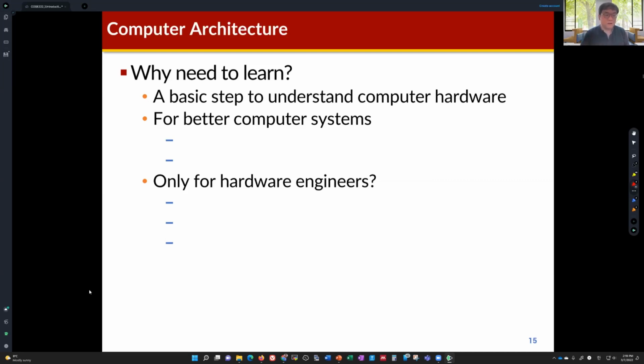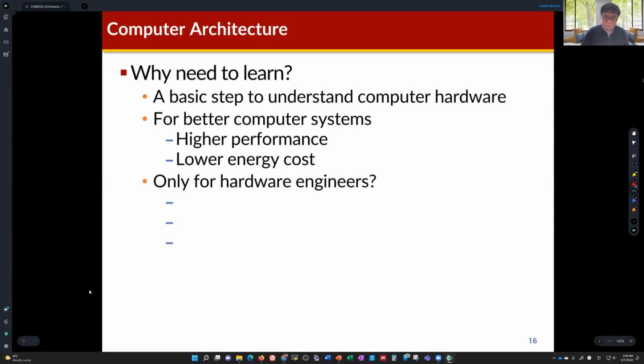It's very critical for computer engineering students, especially if you try to measure computer software performance. Why? Everyone needs better computer systems. What is a better computer system? One with higher performance, that means a fast computer system.